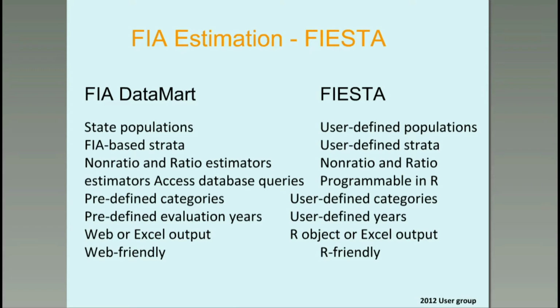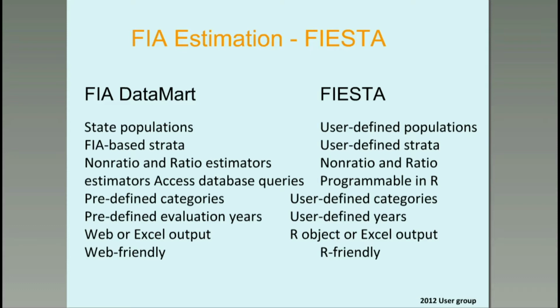Evaluation years, also we saw in the EVALIDator, they have a specific time frame where you can select the inventory years from. In FIESTA, you can use individual annual estimates if you wanted just one year, so you can select that out of there.